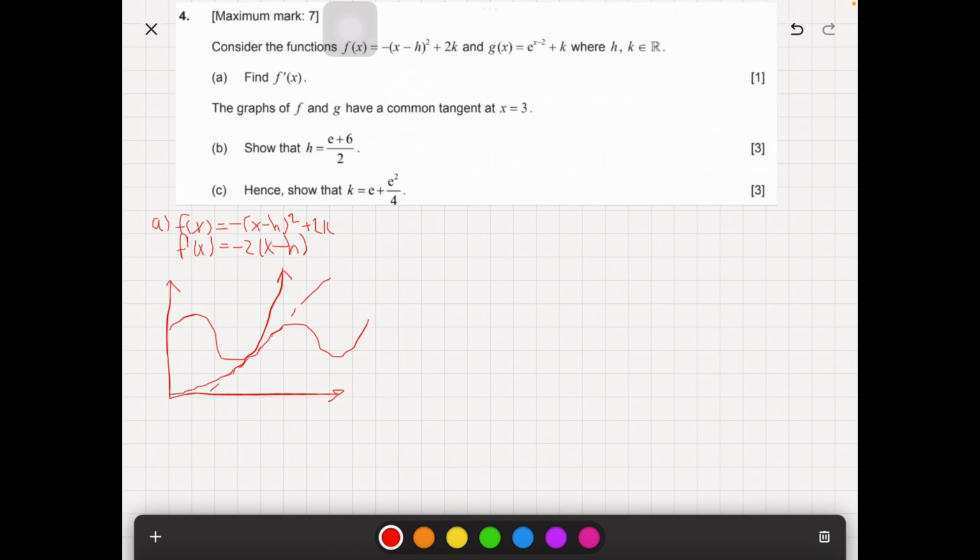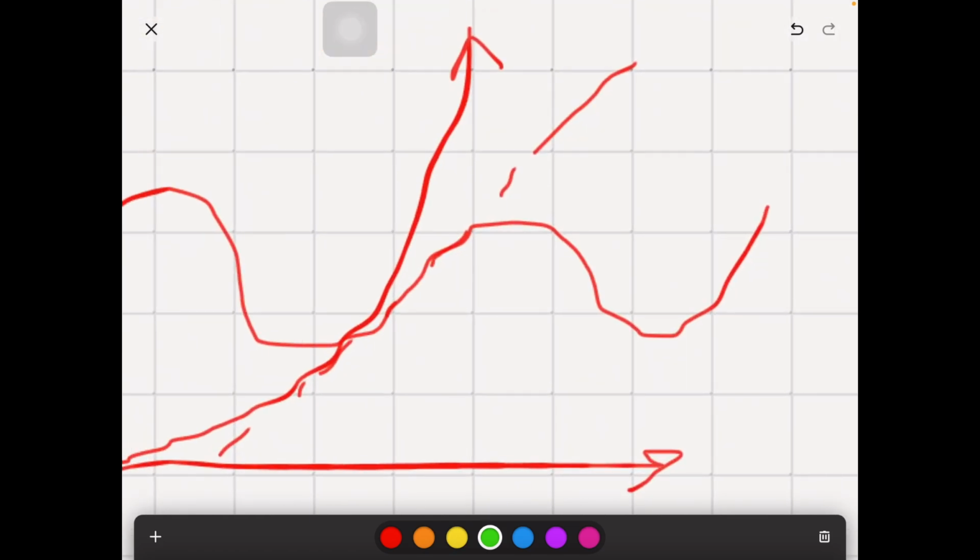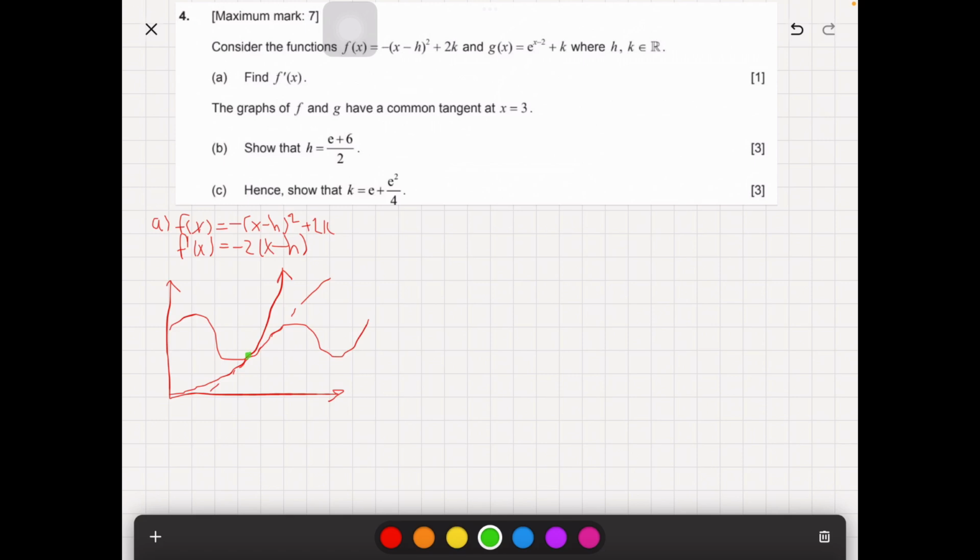First of all, pretend these two graphs are touching. At this point, the slopes of those two graphs are exactly the same. Why? Because they share a common tangent. And because this tangent is touching both of those graphs, it must mean that the derivative is the same at both points.